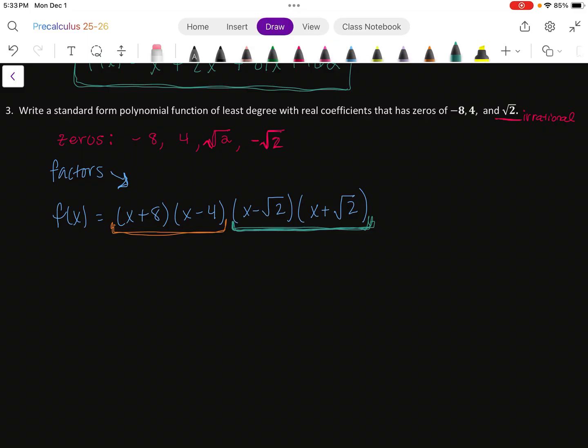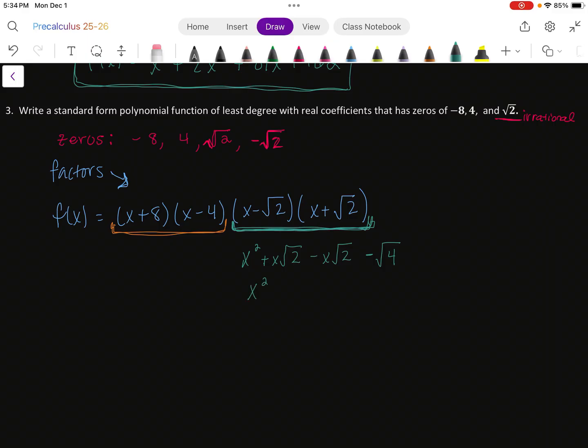It doesn't really matter. You'll get a trinomial with the orange ones, and then a binomial with these turquoise ones. So we know that with this one, my outer and inner terms are going to cancel. That's like x square root of 2 and negative x square root of 2, and then negative square root of 4. I said x squared plus 2 earlier.